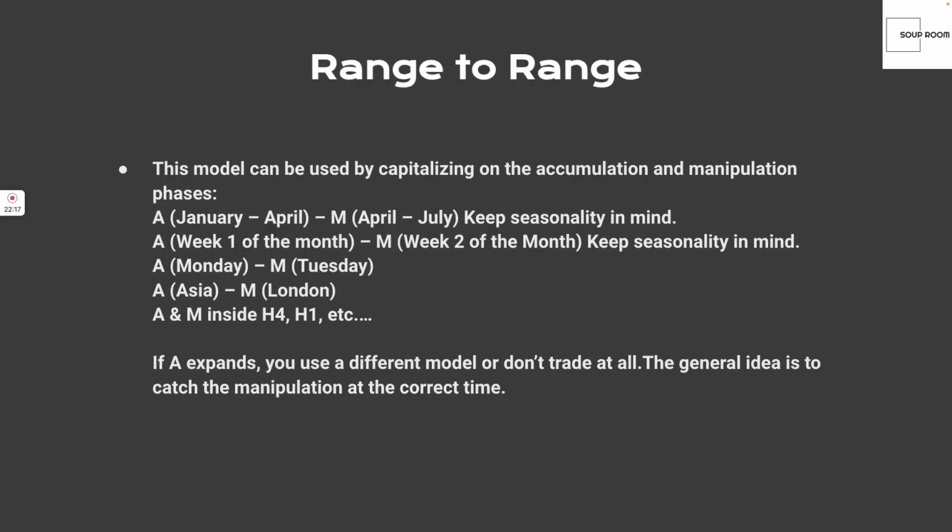This model can be used by capitalizing on the accumulation and manipulation phases. This means you will need to know when exactly do the accumulation and manipulation phases occur. Accumulation occurs between January to April, and manipulation occurs between April to July.